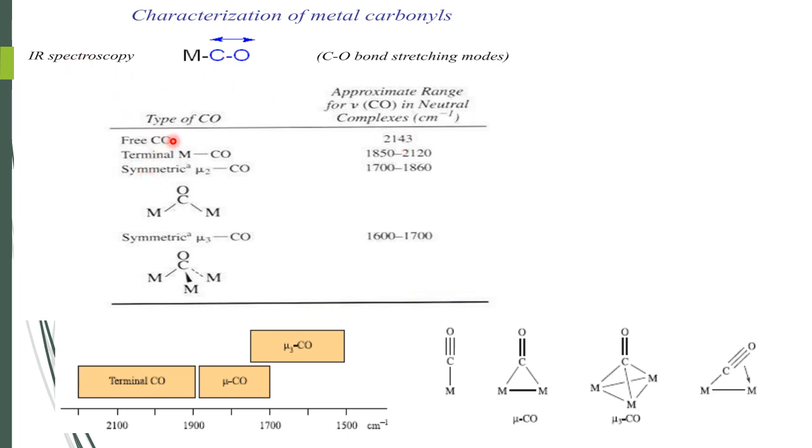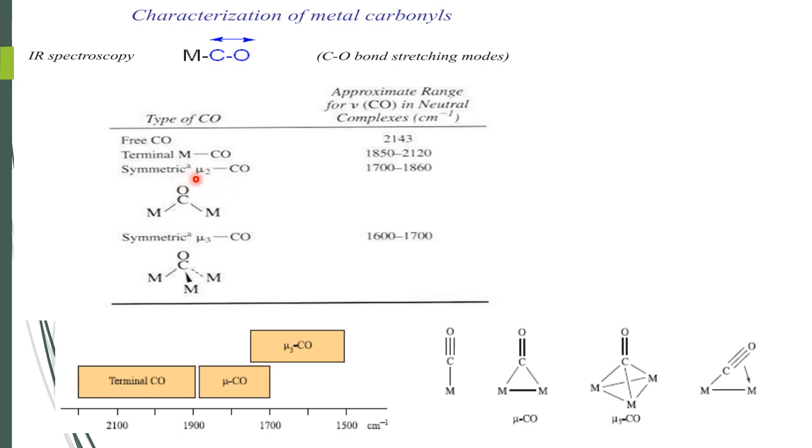But when the carbonyl group coordinates to the central metal atom as a terminal ligand, present at the extreme end, the stretching frequency decreases. Why? Because the metal pulls electron density toward itself, the bond length increases, so it can be easily stretched, and hence the stretching frequency is decreased.